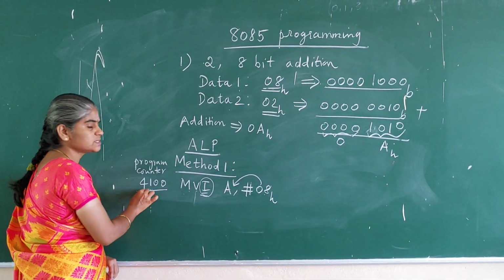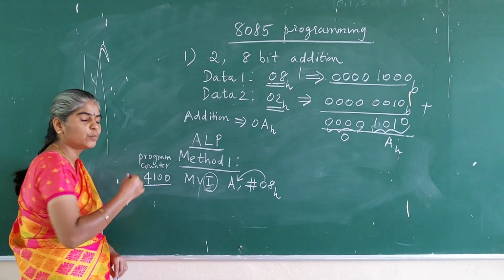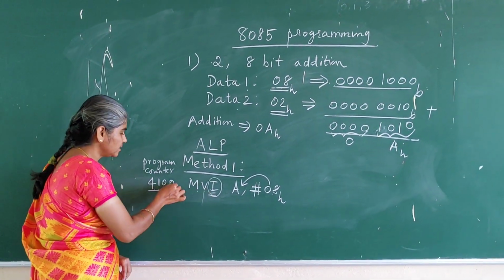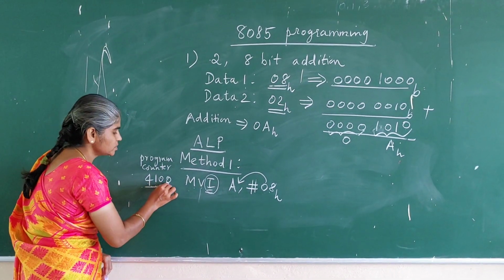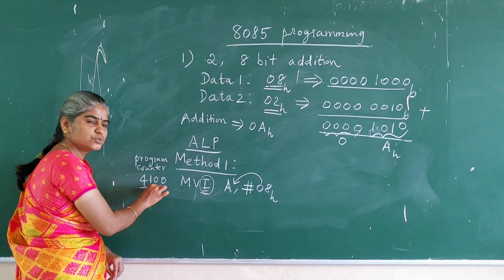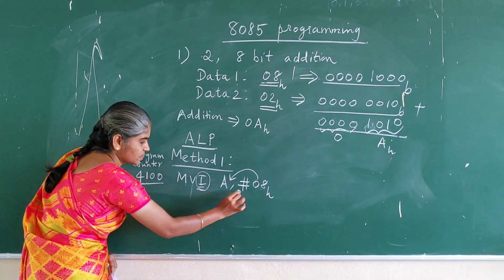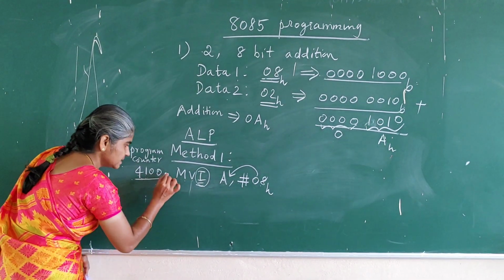The opcode and operand of the corresponding mnemonics are stored in the program counter addresses consecutively. The 4100 address is used to store the opcode of this particular instruction. For example, the MVI A,08 opcode is 3E.